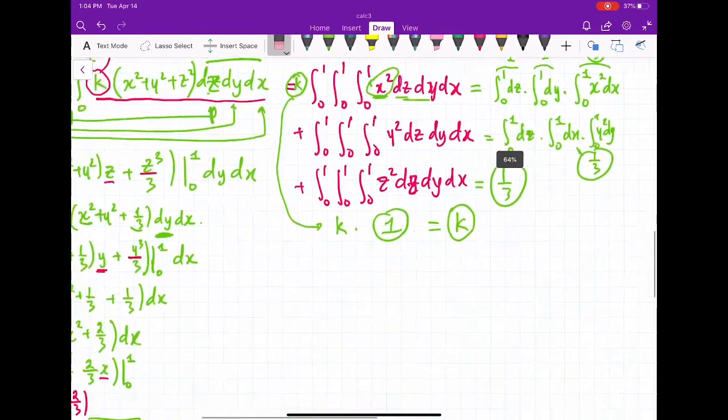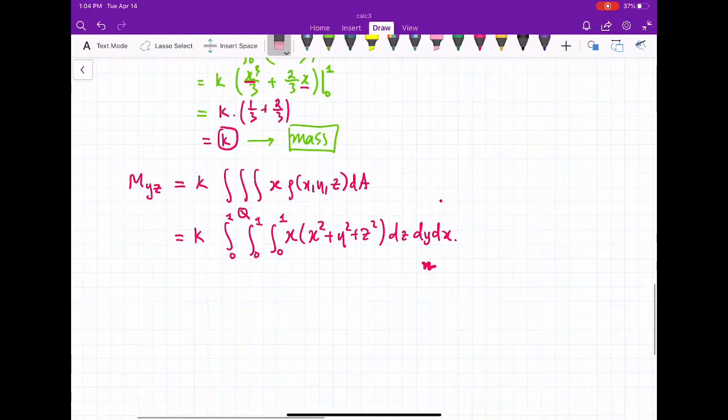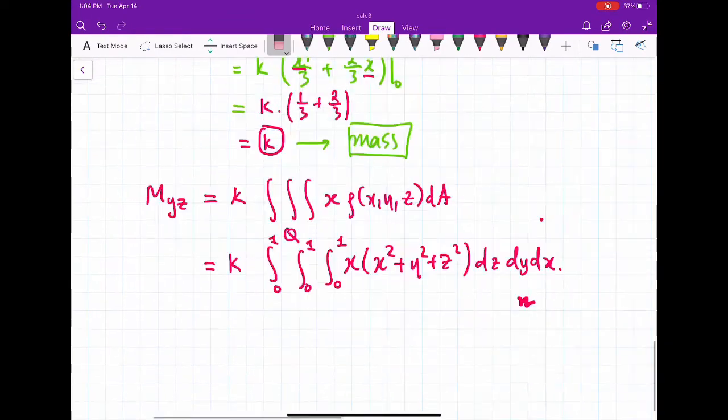Let's do this, because when you open this parenthesis, you have x cubed plus xy squared plus xz squared. And of course you can separate them.